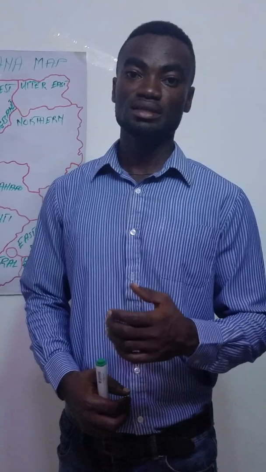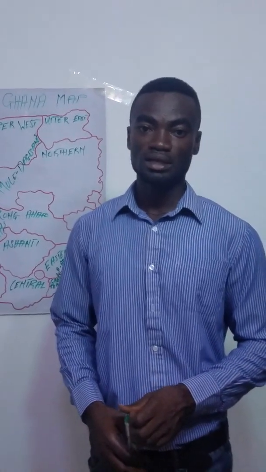The last time we met, we talked about the expansion of states and kingdoms in Ghana. Originally, states and kingdoms in Ghana lived in small settlements or small villages, and therefore the states we see today have not always existed.